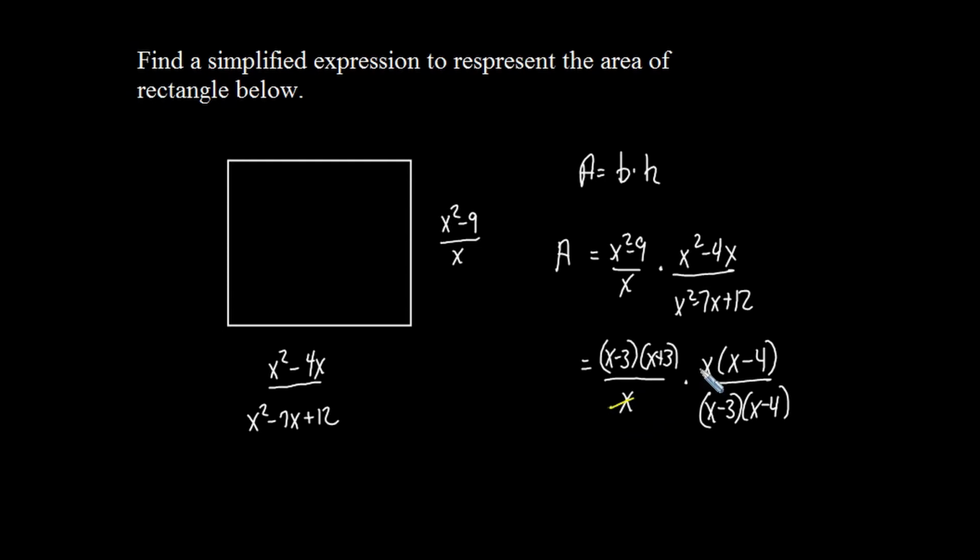So we will cancel the x and the x, or divide them to be 1, the x minus 4 and the x minus 4, the x minus 3 and the x minus 3. And we end up with x plus 3 as the simplified expression for the area of the rectangle.